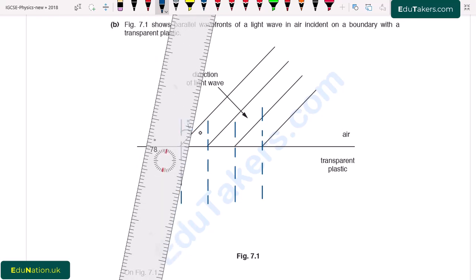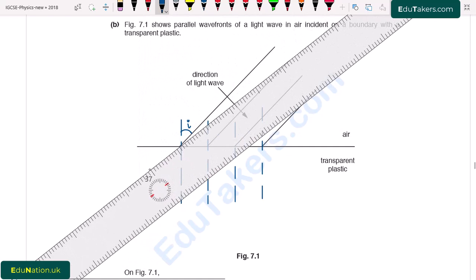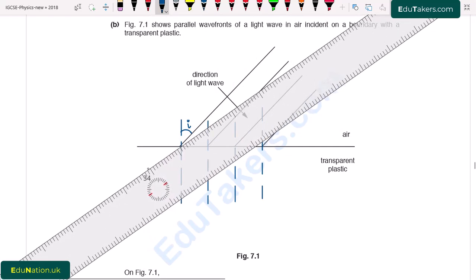Again I use the ruler, and we can see that this ray will be bent in such a way that the bending will be larger. So this is the refracted ray.